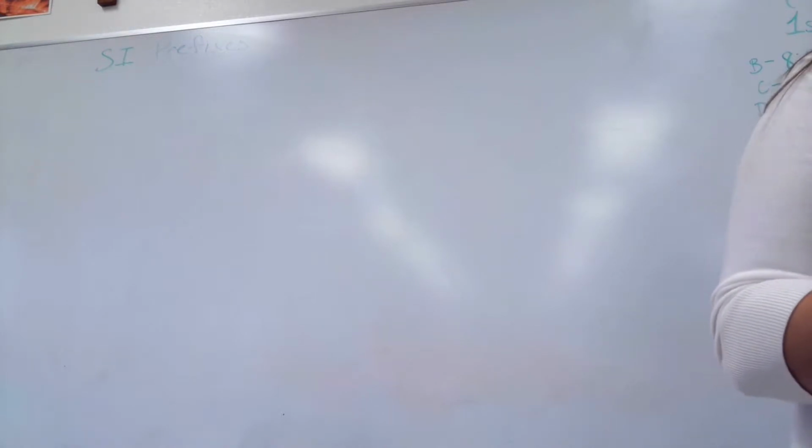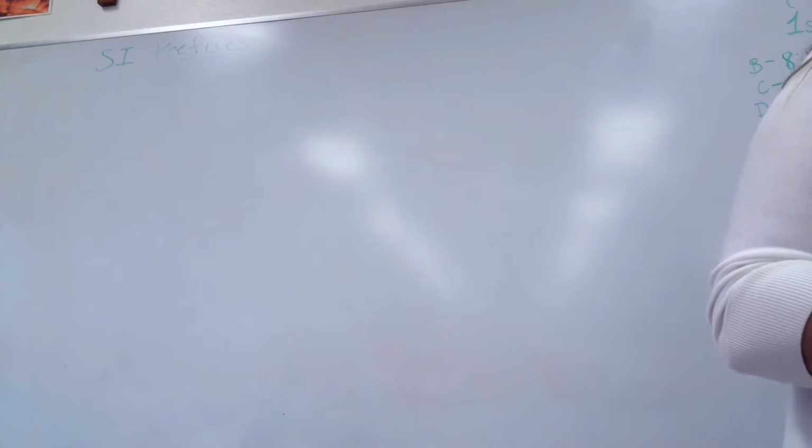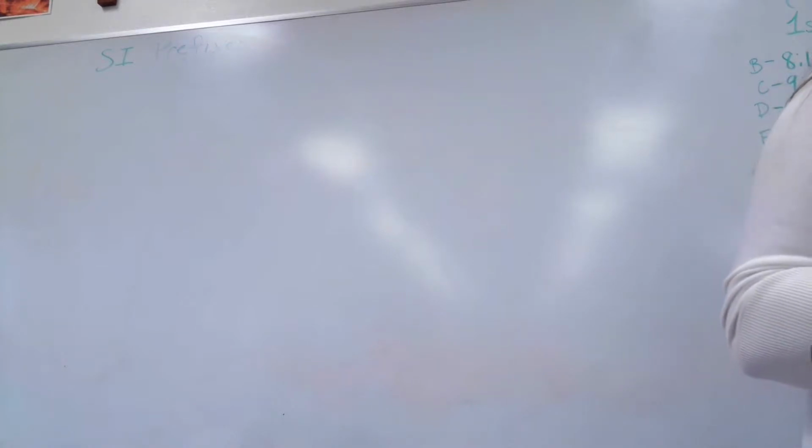The next one, though, is micro. Still debating if I want you to know micro. Let's go with no, because we probably won't use it in this class. We'll probably use nano more frequently than micro. I do want to make a note on micro, just because you might see this listed somewhere.